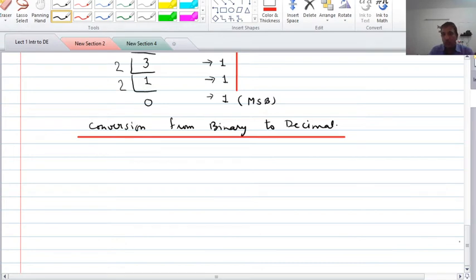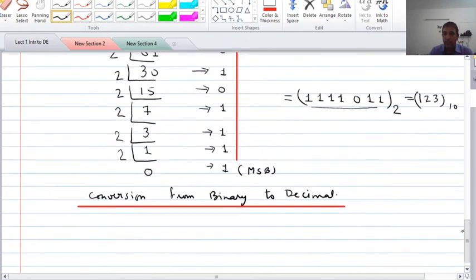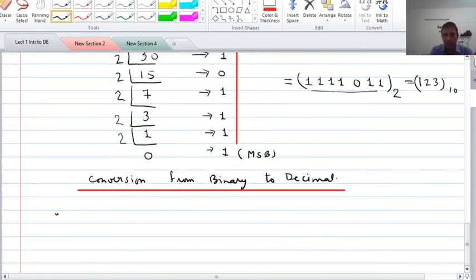So the number is this one, 1111011. Let's check it: 1 1 1 1 0 1 1. We have to find out its equivalent value in decimal.